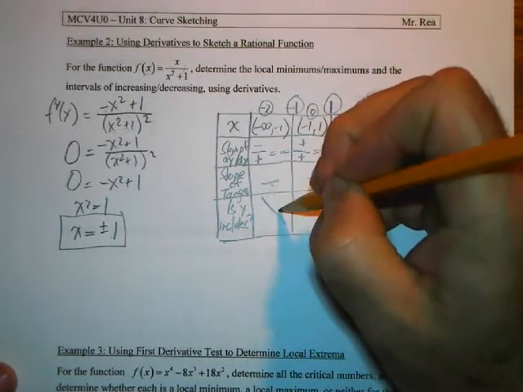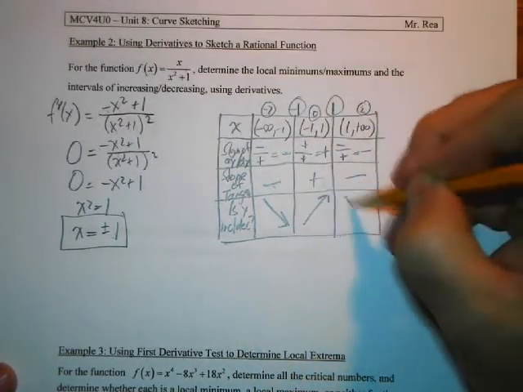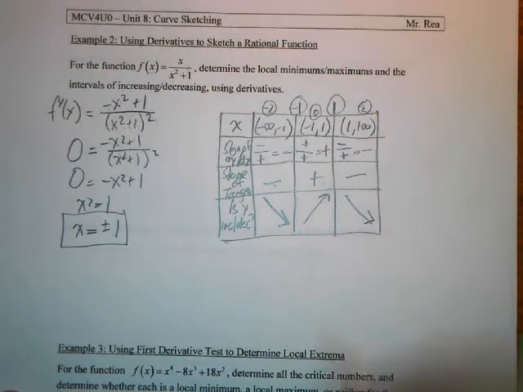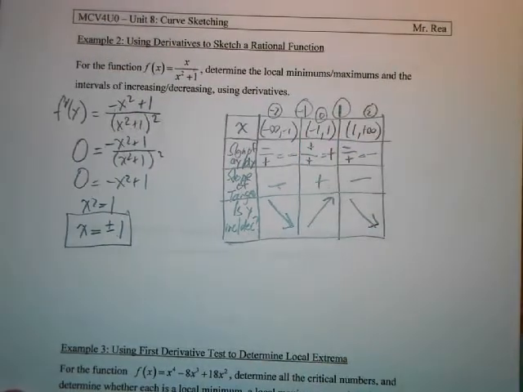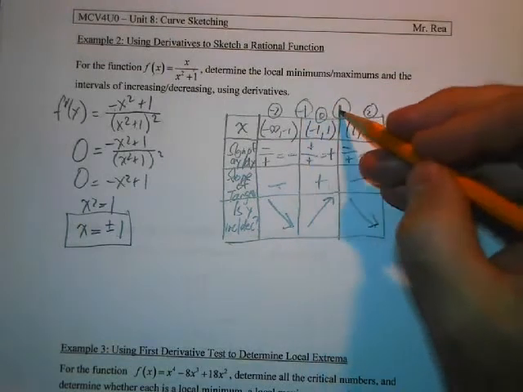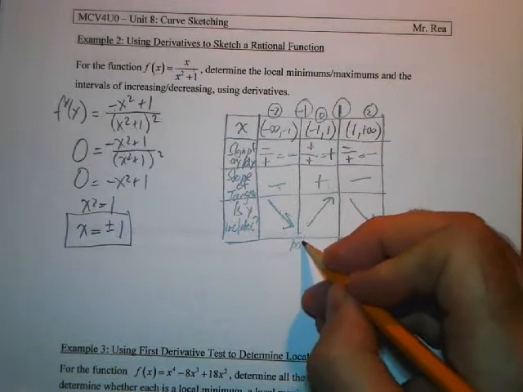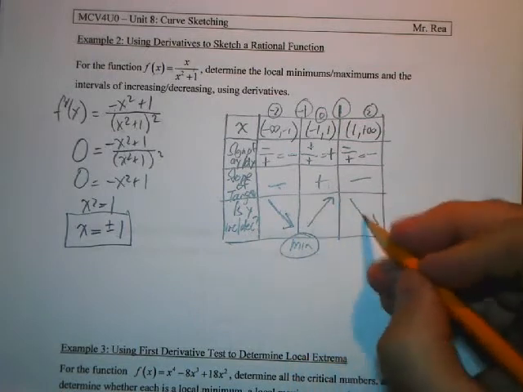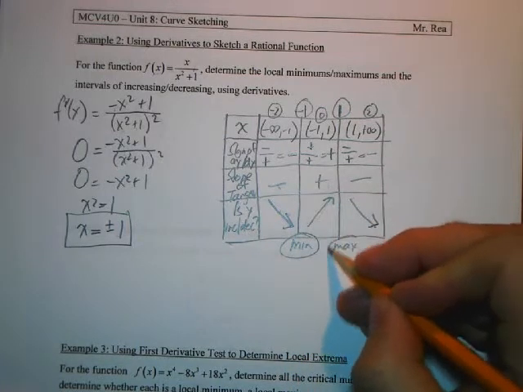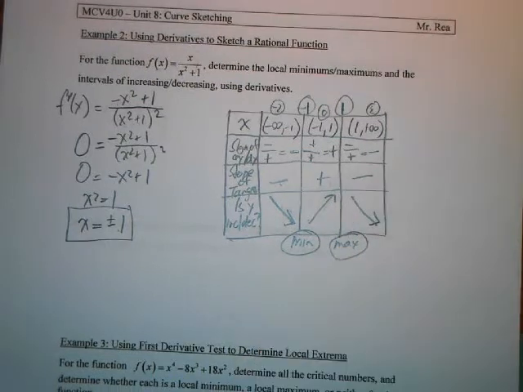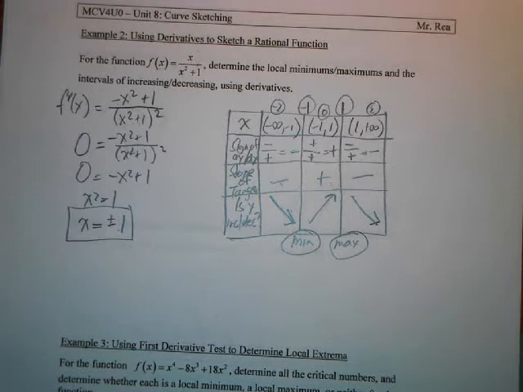That's going down, that's going up, that's going down. And now when you look at your critical points here, -1 has to be a local min, and this one has to be a local max, based on whether the intervals to the left and right are increasing or decreasing.